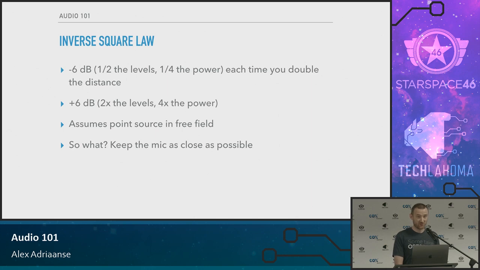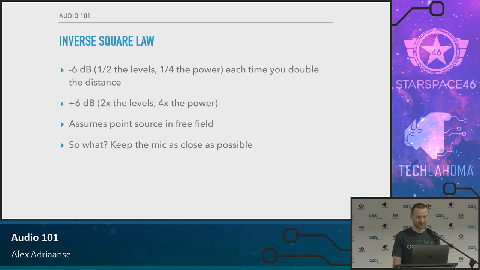All right, so one more element of physics before I move on, and that's the inverse square law. The inverse square law says anytime you're doubling the distance between the source of audio and the receiver, like your ears or a microphone, you're essentially cutting the levels in half and cutting the power to 1/4, which is a -6 dB decrease.